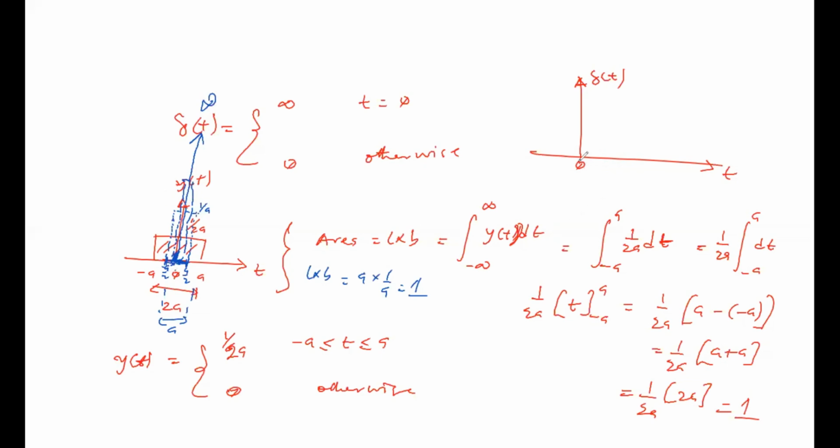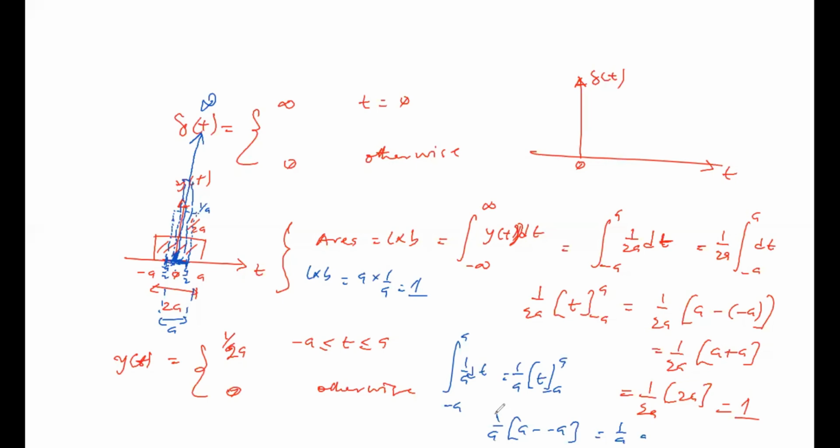That's how we get the unit impulse. And you could validate this also. If we integrate 1 over a from negative a to a, that's going to give us 1 over a times t from negative a to a, that's 1 over a into bracket a minus a, right?